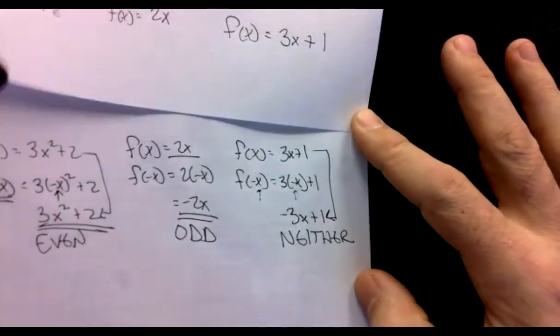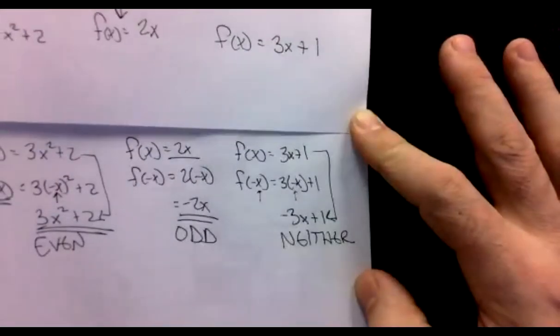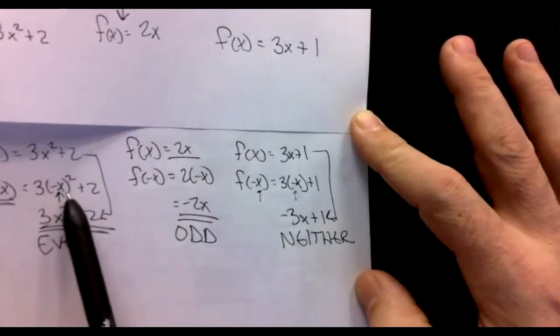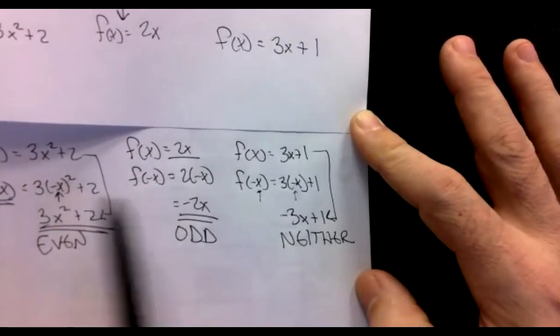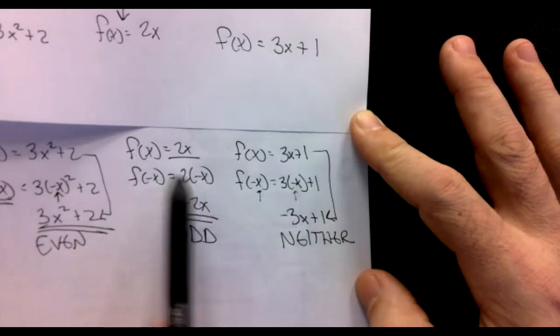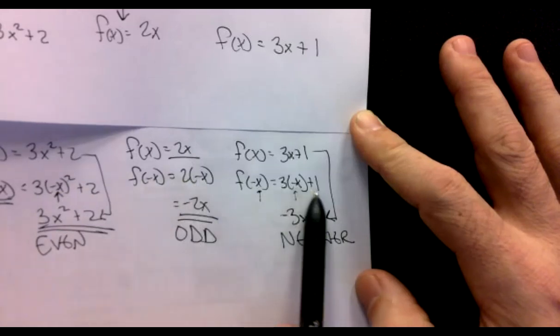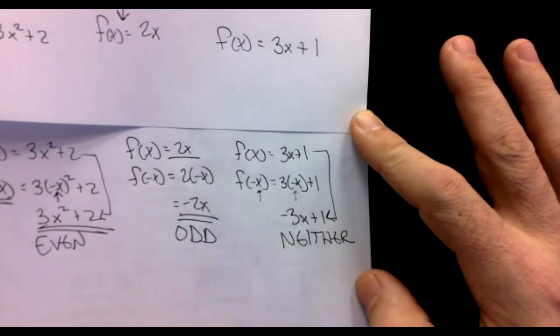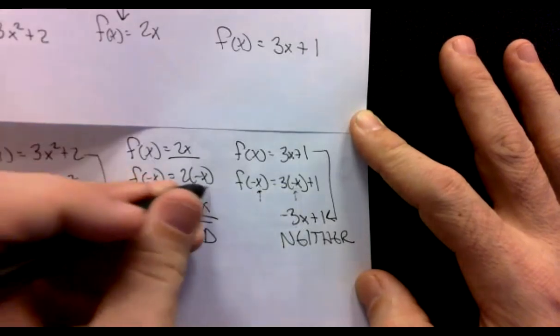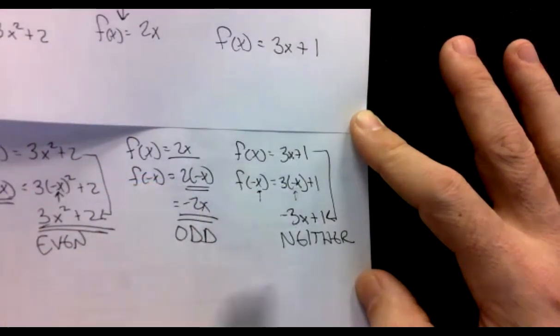So is there a plug-in formula for neither? Not for neither. For even, you're going to have only even powers of x. Technically, for odd, you need only odd powers of x and no random constants. But really the best way is to just literally check it. You're going to have to plug in your negative x and see if anything changes.